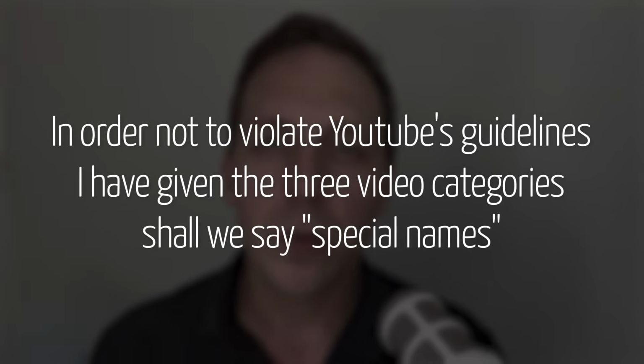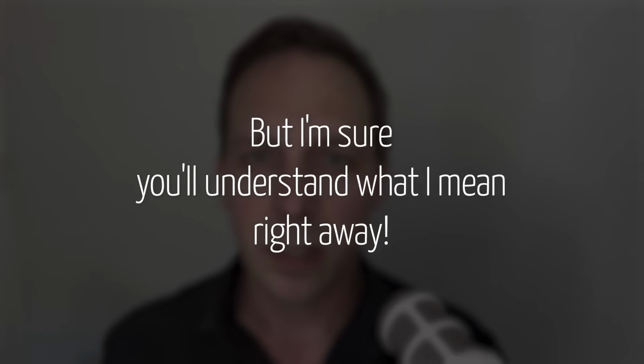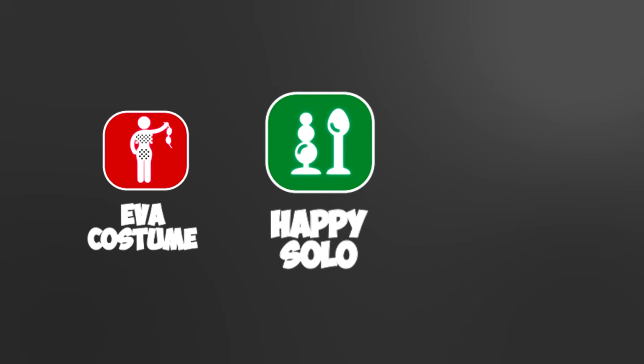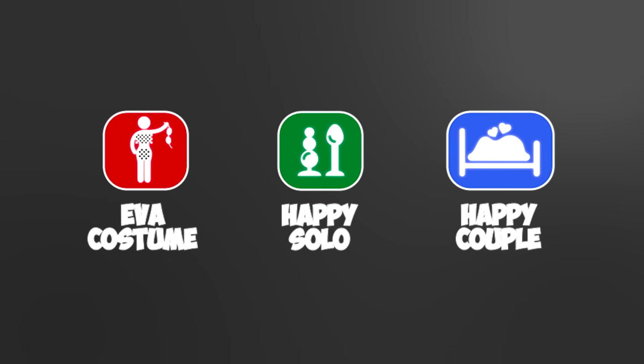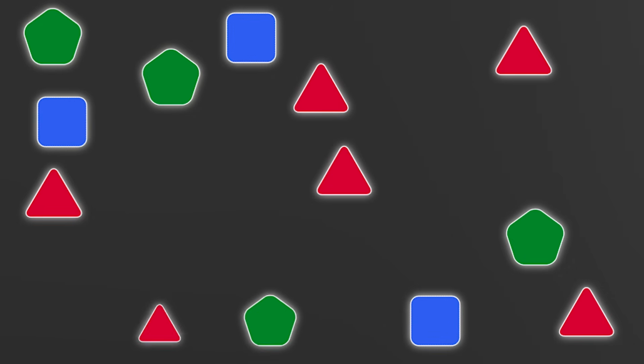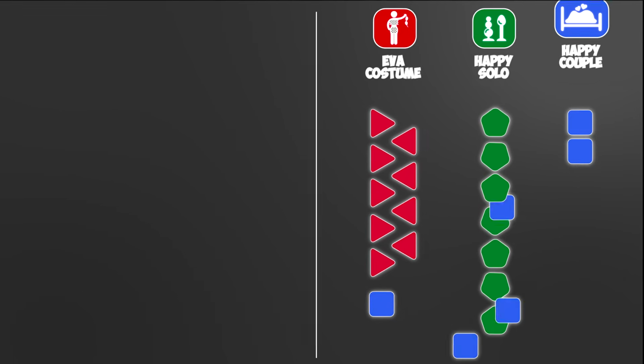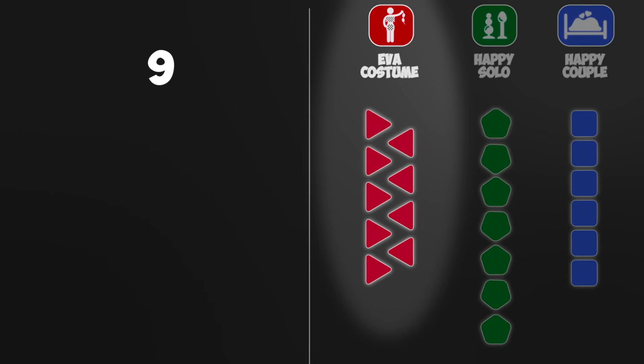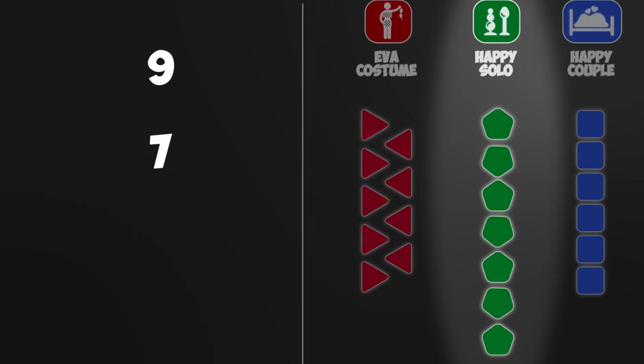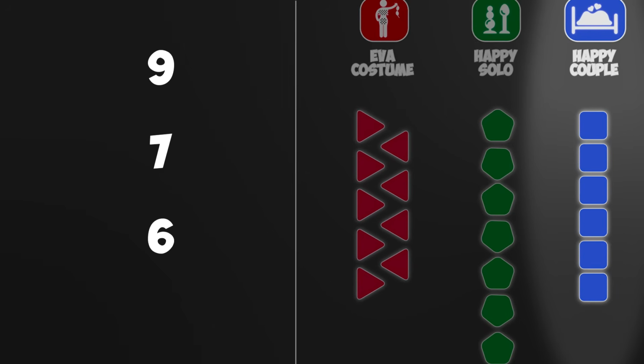Now let's talk about your video content. Basically, you want to spread your video PPV content between the following 3 categories: Eve costume videos, happy solo videos, and happy couple videos. Here's an example. Let's assume you have a total of 23 videos. After grouping them together correctly, you will find yourself with 9 Eve costume videos, 7 happy solo videos, and 6 happy couple videos.